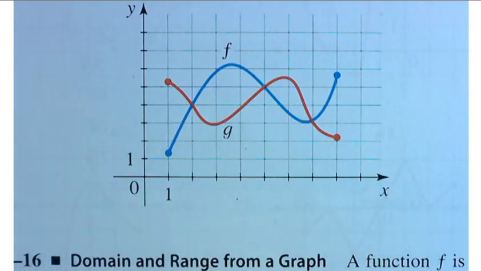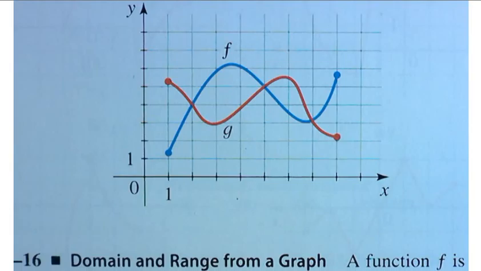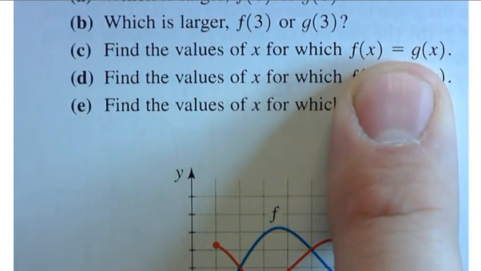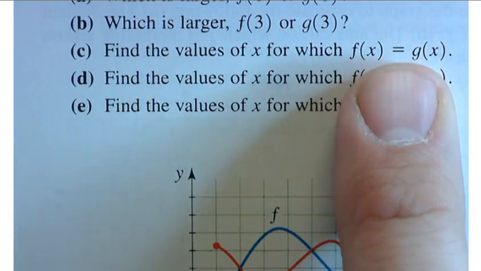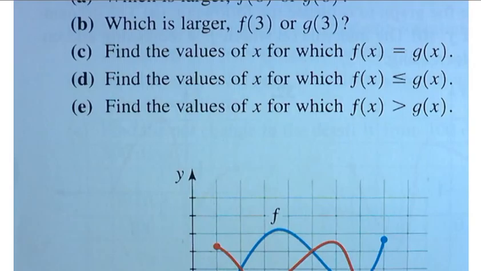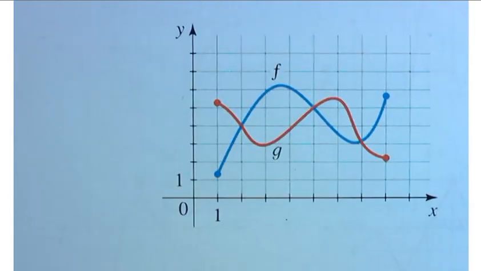Again, it's asking you to relate a couple things, so you have to understand what this means. F of x equals g of x is what they're asking for. Where is this true? Well, when I'm talking about f of x, I'm really talking about the y coordinates. So where are the y coordinates equal to each other? For what values of x?